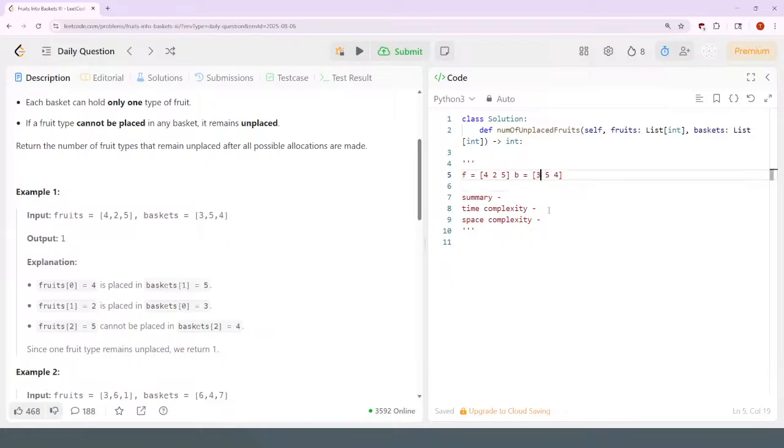Because it could be something like 1, 2, 3, in which case the 2 goes backwards, or it could be 1, 2, or 1, 3, 2.